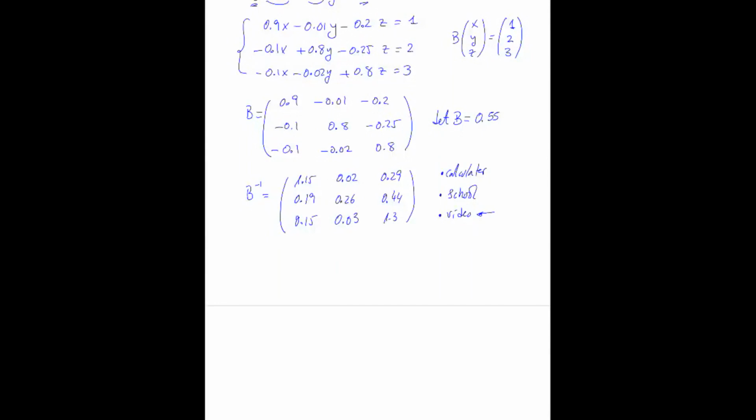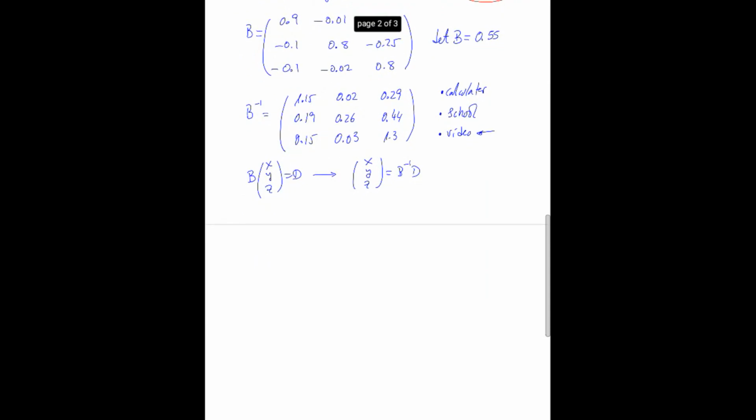To finish the problem, we look at this part here, and changing to blue so it looks better, B times the unknowns equals the demand. Multiplying by B inverse, the unknowns equal B inverse times the demand. That's a simple computation: this matrix multiplied by 1 million, 2 million, 3 million.